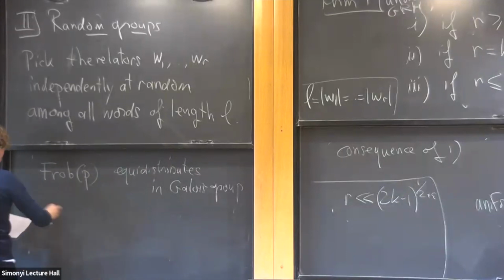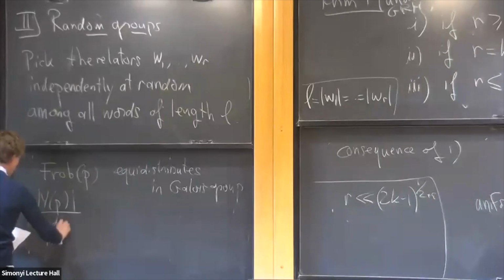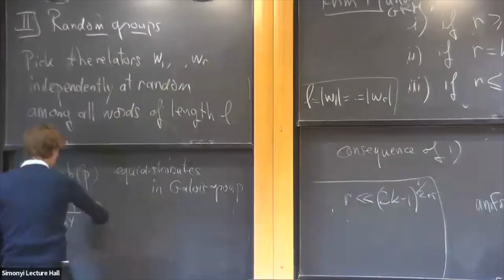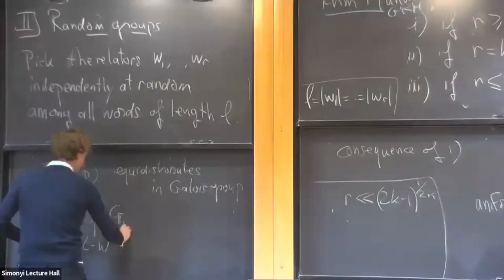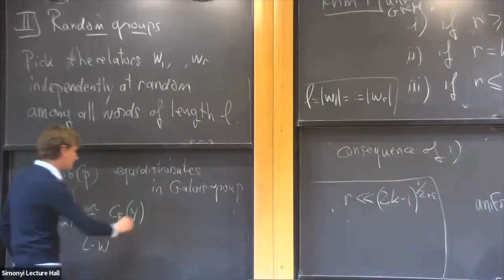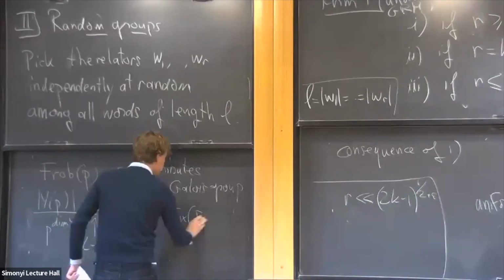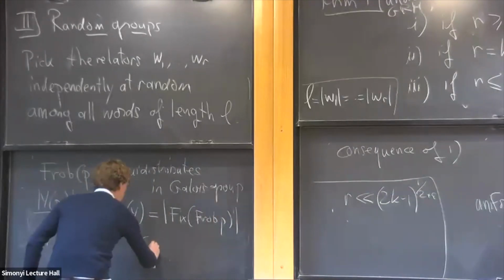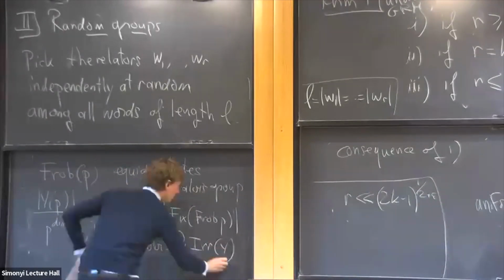And so, in particular, when you write something like this, then by Lang-Weil, this is roughly the number of components of Y that are defined over FP. So this is essentially the number of fixed points of Frobenius, where you see the Galois group acting on the set of irreducible components of Y.